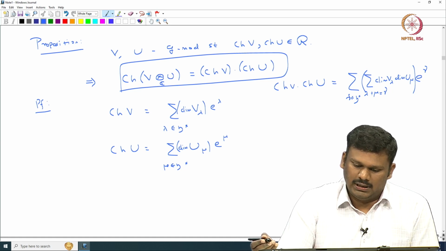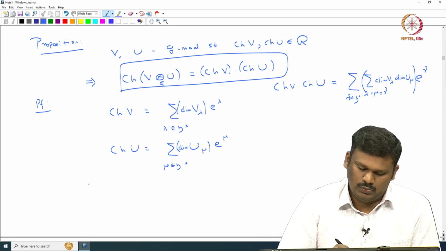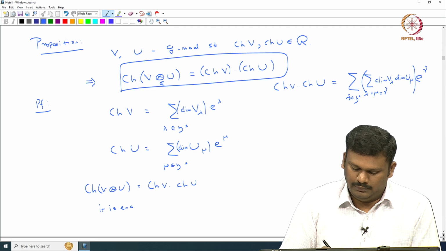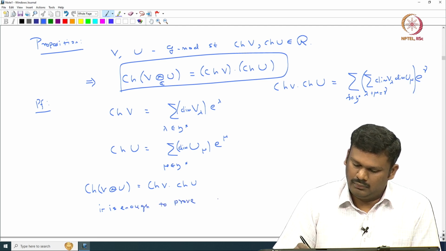Okay. So, that means to prove that the character of V tensor U is the same as the character of V times the character of U, it is enough to prove the following.